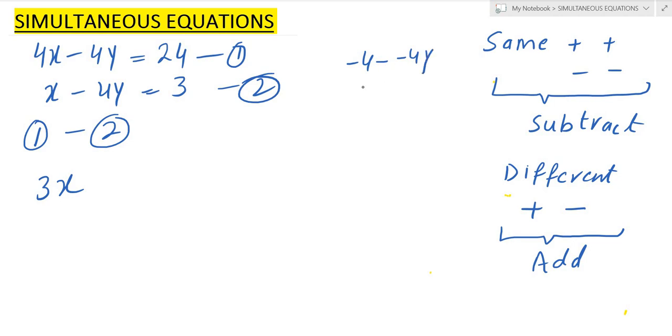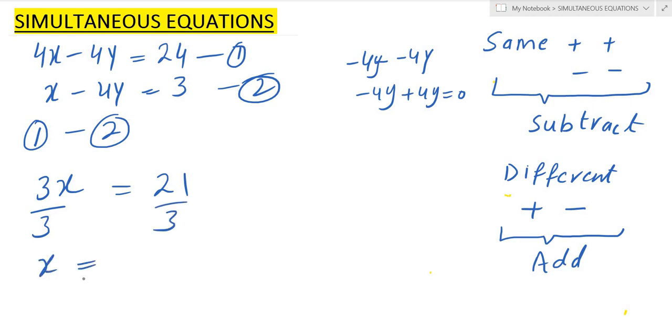Minus 4y minus minus 4y makes plus 4y, so this becomes 0. We don't need to write 0. So 24 take away 3 is going to be 21. So divide by 3 on both sides to find x. So x is equal to 7.